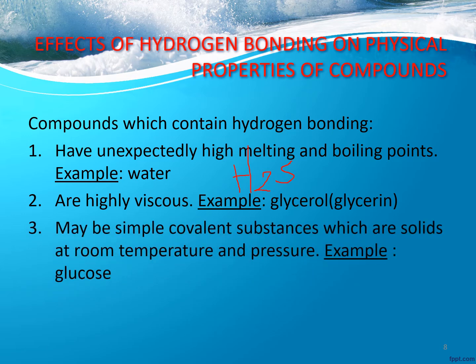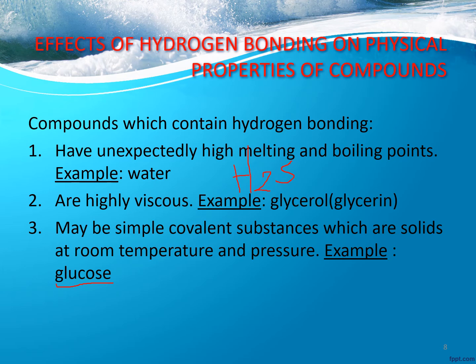These compounds may be simple covalent substances which are solids at room temperature and pressure. We know the example of glucose. Glucose is one of the substances which are solids at room temperature while having a simple covalent structure. And this is because of the very strong hydrogen bonding glucose contains.